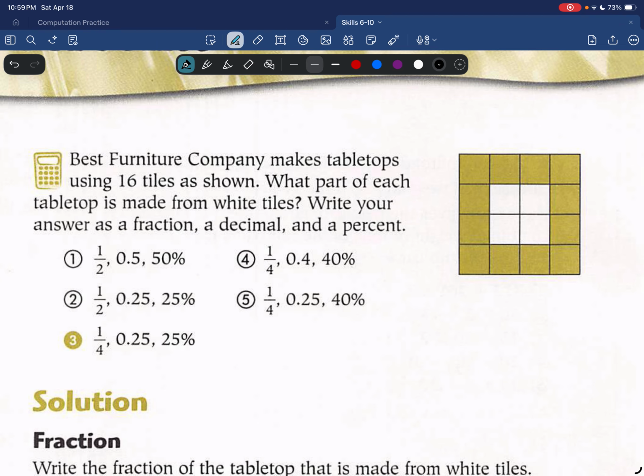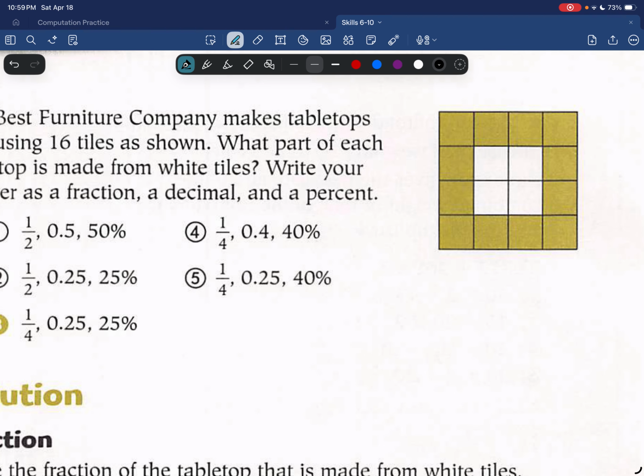So the first thing that I would do, I would start with a fraction. And we know that the fraction is going to be the number of white tiles over all tiles. And we can see that there are 1, 2, 3, 4 white tiles.